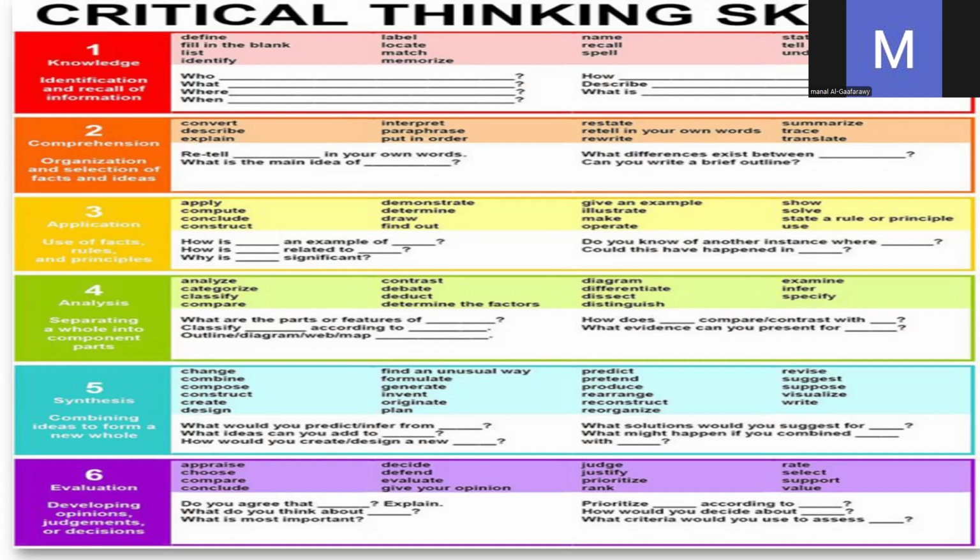All those types of questions fall within the realm of the lower level of thinking, which is the level of the knowledge, because all students need to do at that tier is to remember information.